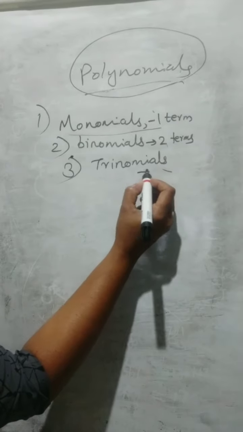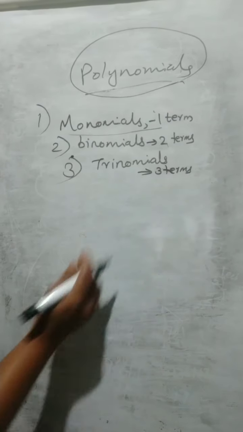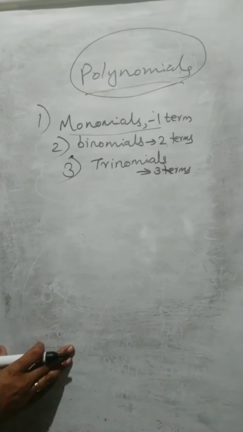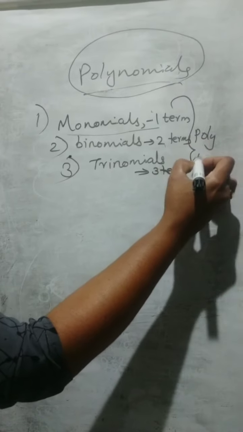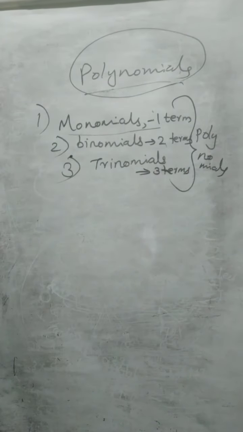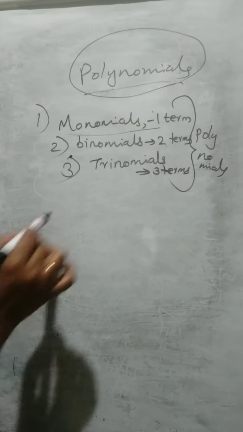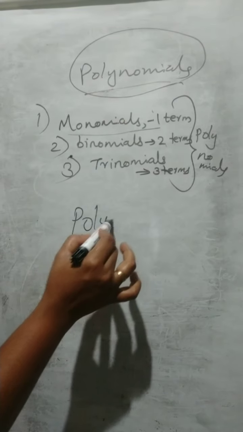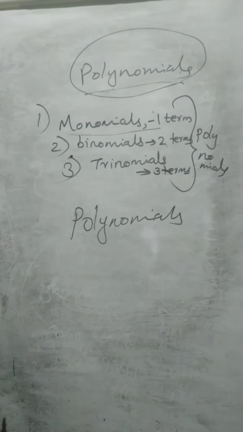In the case of trinomials, three terms. If more than 3 terms, we can say that is a polynomial. Also, monomials, binomials, trinomials are also known as polynomials. Polynomial is the common name. Okay.